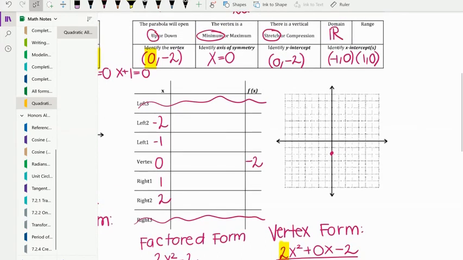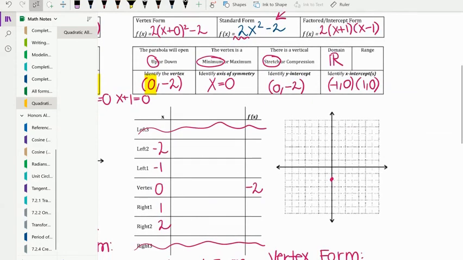So if I plug in 1, I'm going to plug it into standard form just because that's what we were given, but I could pick any. So 2 times 1 squared minus 2. Well, 1 squared is 1. So 2 times 1 is 2, minus 2 would be 0. So because that's 0, this is 0. So then I'll go ahead and plot that point and that point.